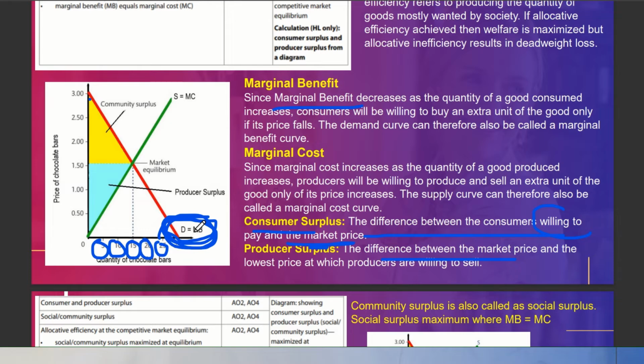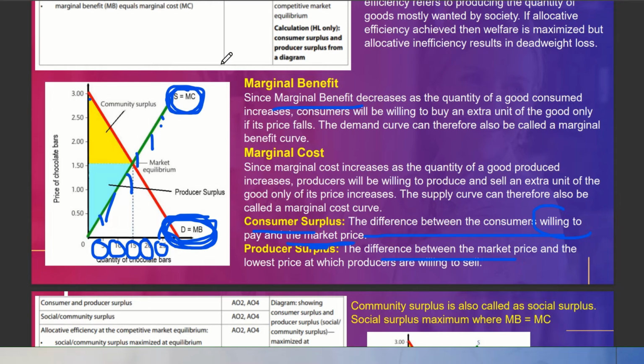So this is equal to the demand curve. Meanwhile, the supply curve is said to be a marginal cost curve. When more and more goods are produced, additional cost increases. That's why the supply curve is equivalent to the marginal cost.